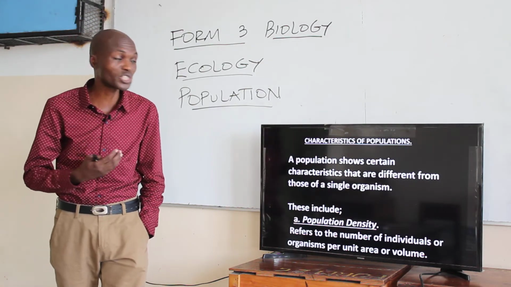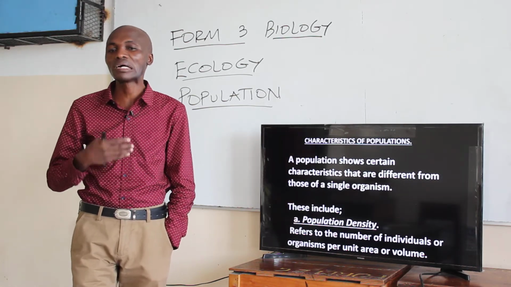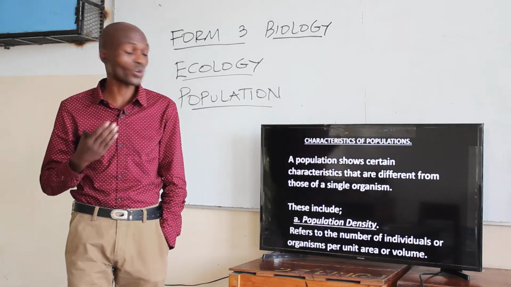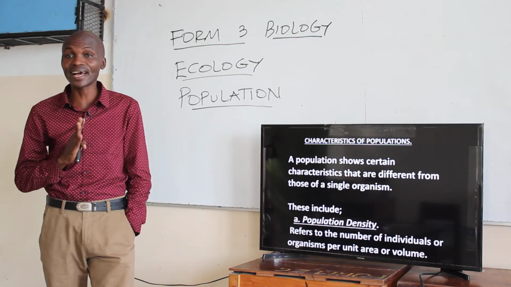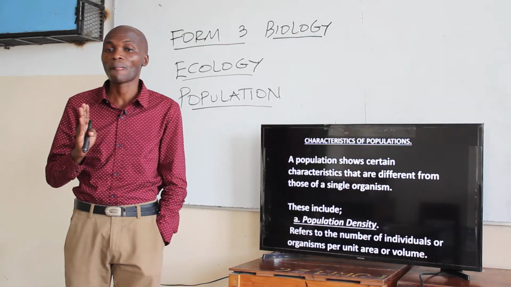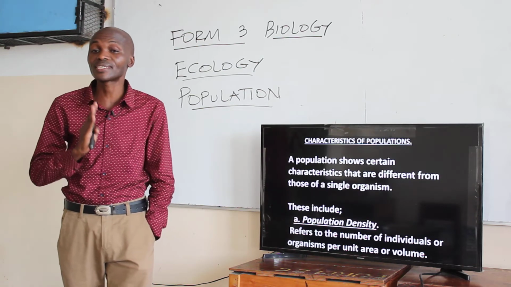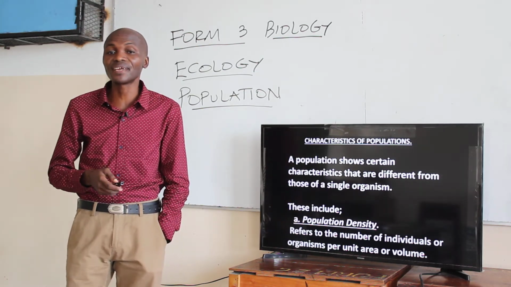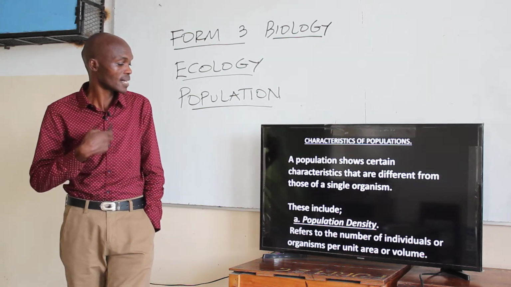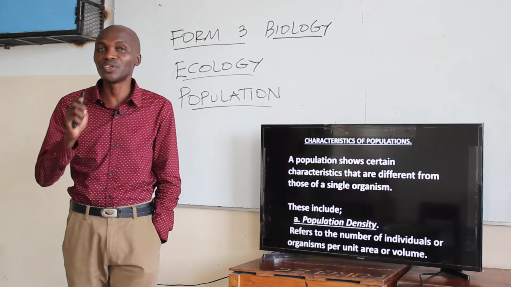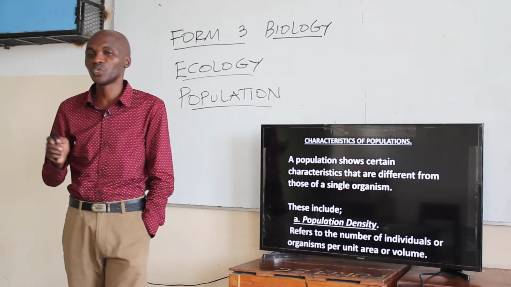Population density is simply the number of individuals or organisms per unit area or unit volume. Note here we talk about unit area or unit volume. So we are quantifying how many individuals are present per unit area or per unit volume.